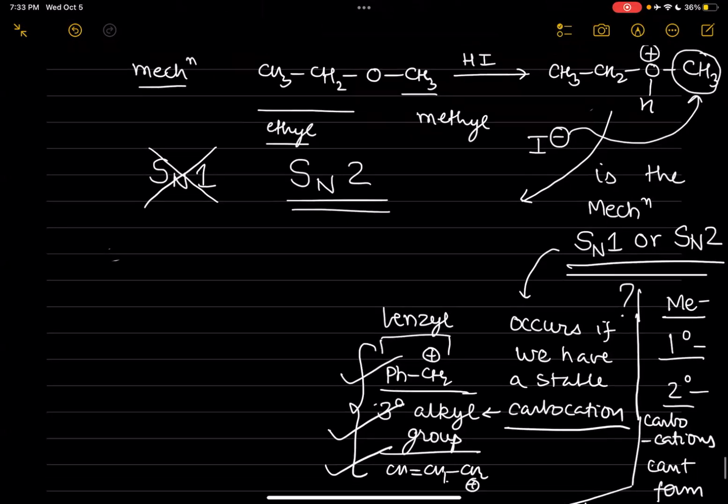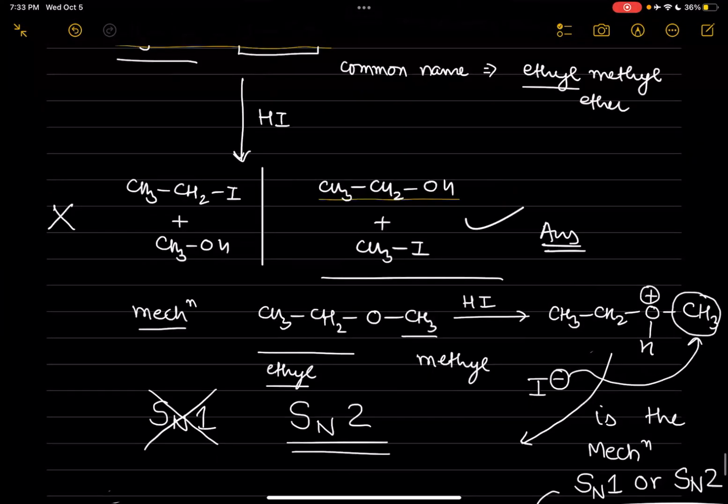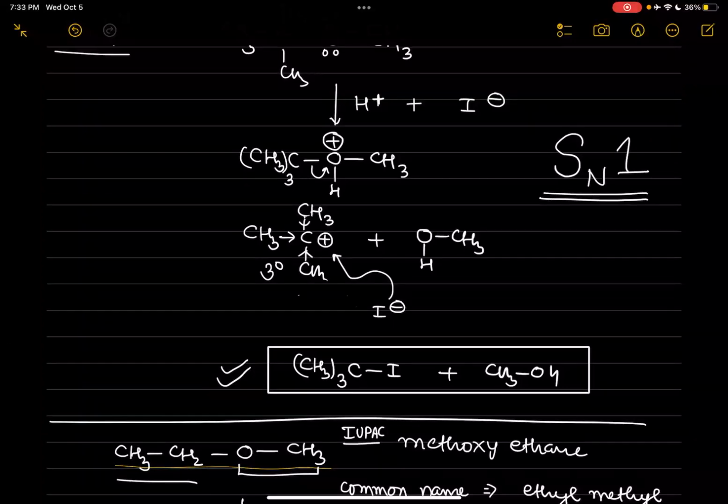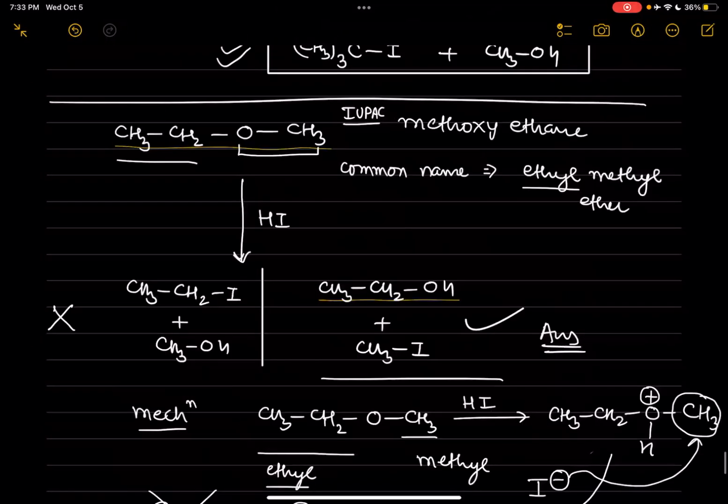And if any of the alkyl groups is branched like this one, and that branch is tertiary, then SN1 is going to happen. That tertiary alkyl group is going to come out as a carbocation, and that's where the iodide is going to join itself. Clear?